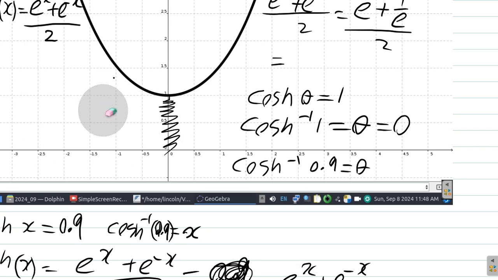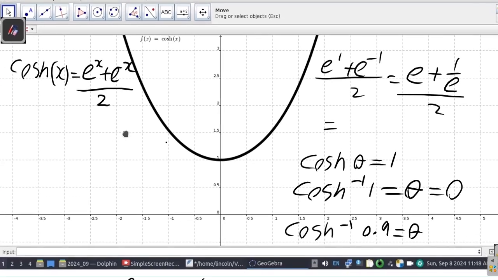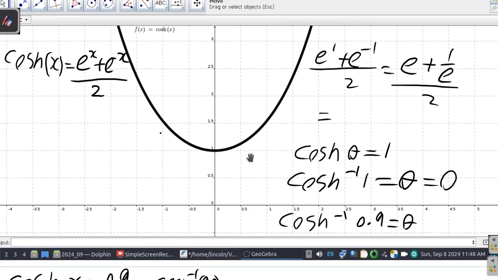So the graph of the hyperbolic cosine does not fall below 1. So when you find the hyperbolic cosine of an angle, you're never going to get a value less than 1. So if you try to find hyperbolic cosine inverse of a number less than 1, you get an error message. Alright? But anyway, this is the graph of the hyperbolic cosine.